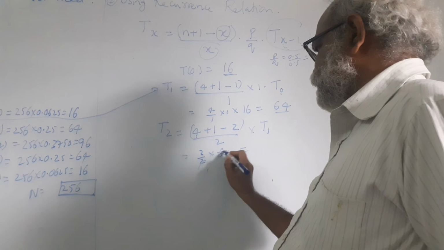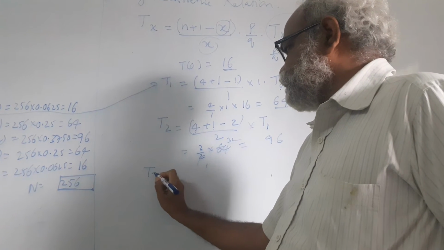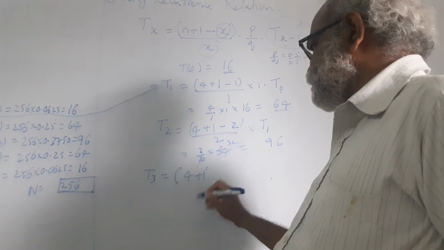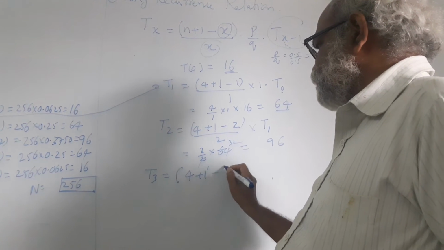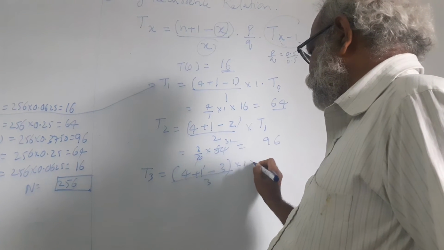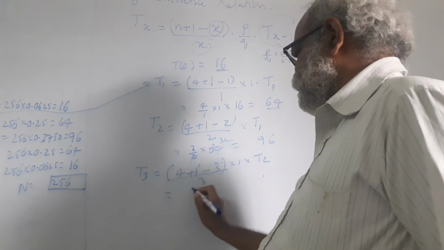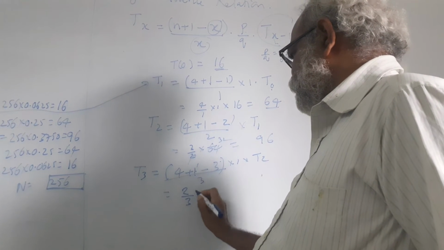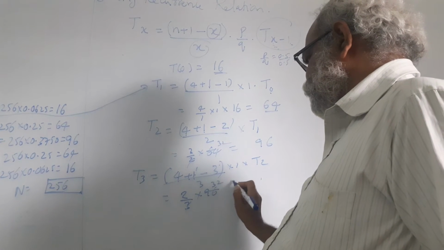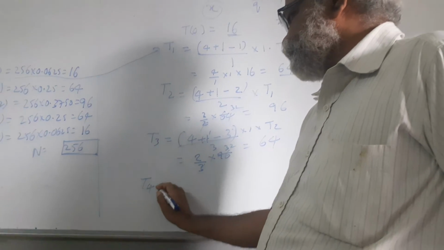If you do the cancellation, you will get 96. Then T3 is equal to 4 plus 1 minus 3 divided by 3 into 1 into T2. That equals 5 minus 3, 2 by 3 into 96, which is 64.